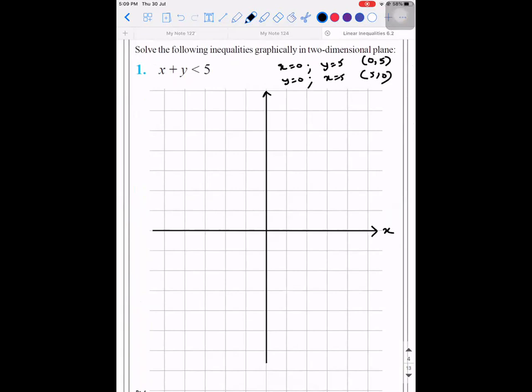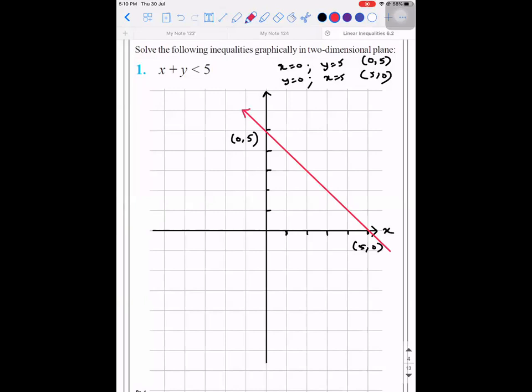So the other point will be 5, 0. So let's take this as 1, 2, 3, 4, and this will be 5, 0. Let's take 1, 2, 3, 4, 5. Then this will be 0, 5. After this, you need to join these 2 points. So this will be the required line.